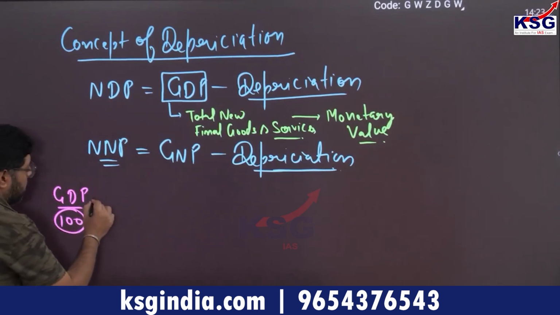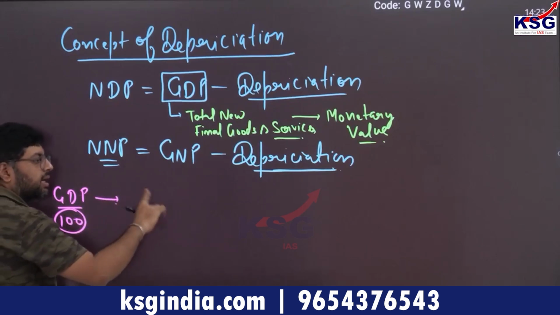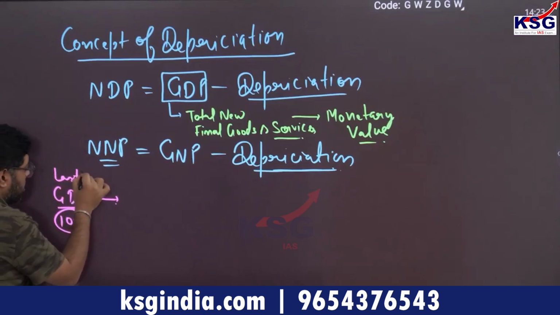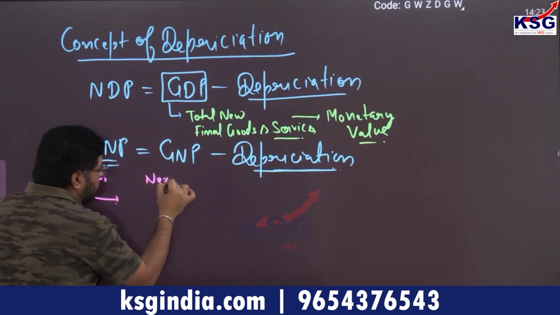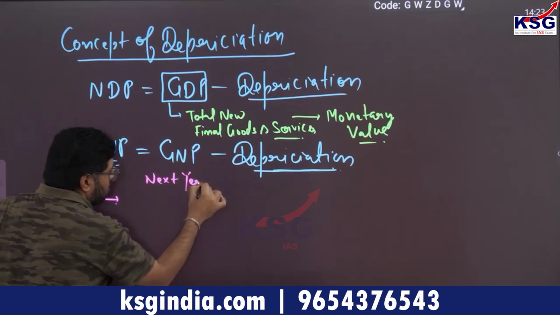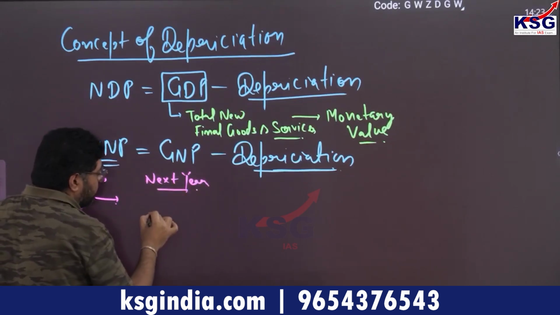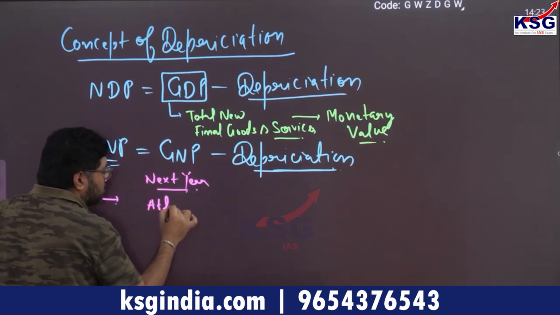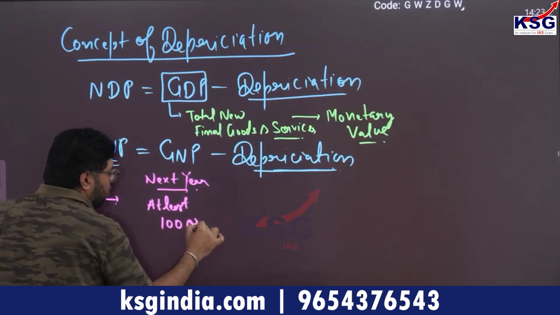Now ultimately our intention will be that next year, if last year our GDP was 100, our GDP must be at least 100 or more.